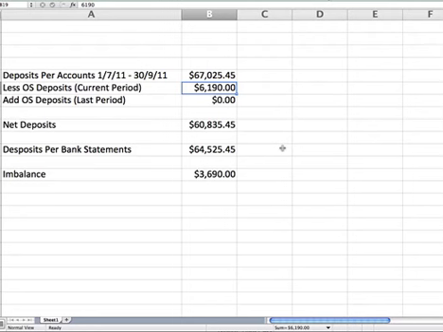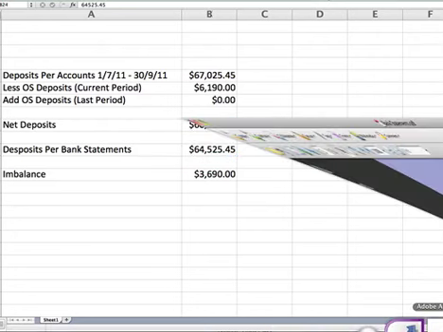Then you must remember to add the outstanding deposits from the previous period, which we didn't put in the accounting file, but which did come through the bank. In our case, this was zero because our bank transactions basically started on the 1st of July. According to that then, we now have net deposits of $60,835.45.